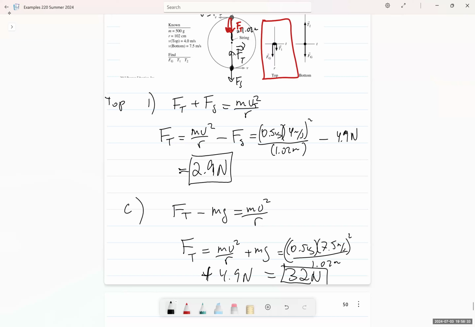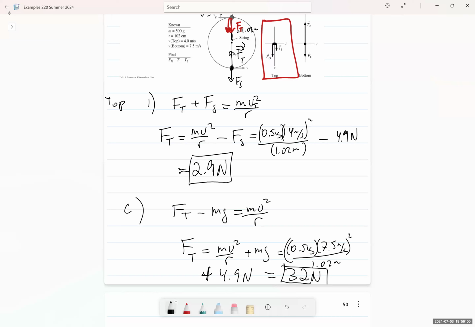And it has to be much higher because it not only has to make the ball go all the way to the top, but it also has to fight against gravity. That's why at the bottom, the tension force is significantly stronger, in this case over 10 times stronger. At the top, tension doesn't have to be large because gravity is already helping bring it down.